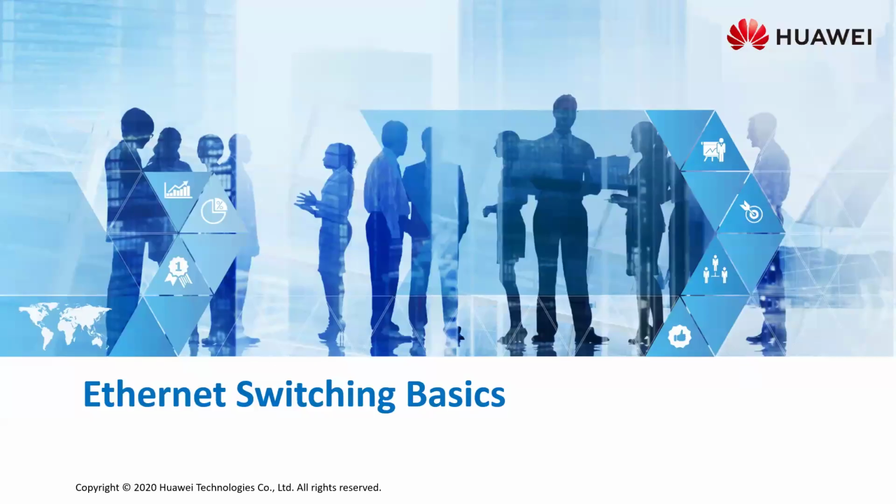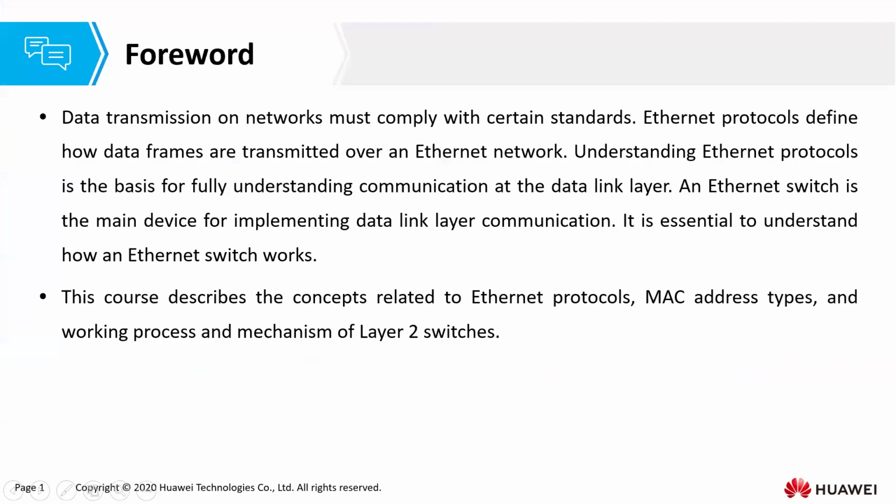And we'll look at how switching happens, the process of switching in networks. In short, when we talk of Ethernet switching, we are talking of how information is processed in layer 2 of our OSI model.